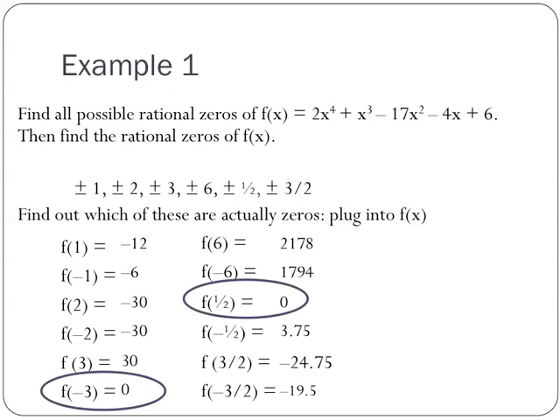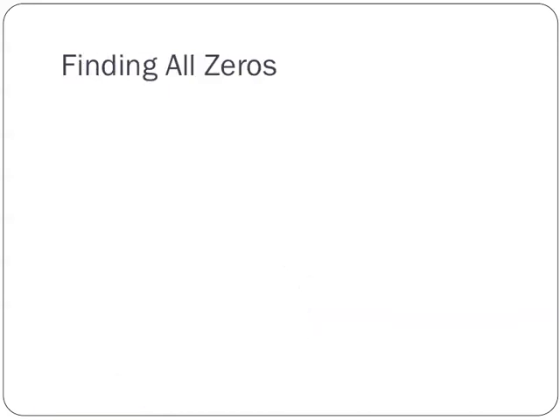So that's it for example 1. So we found the list of all the possible rational zeros, that's the plus or minus 1, 2, 3, 6, 1/2, 3/2. And then in order to figure out which of them are actually zeros, we have to plug them in and see which ones give us 0. That means it has a remainder of 0, which means it is going to be a factor. So to find all zeros, you are going to find all the rational zeros, so all the possibilities.